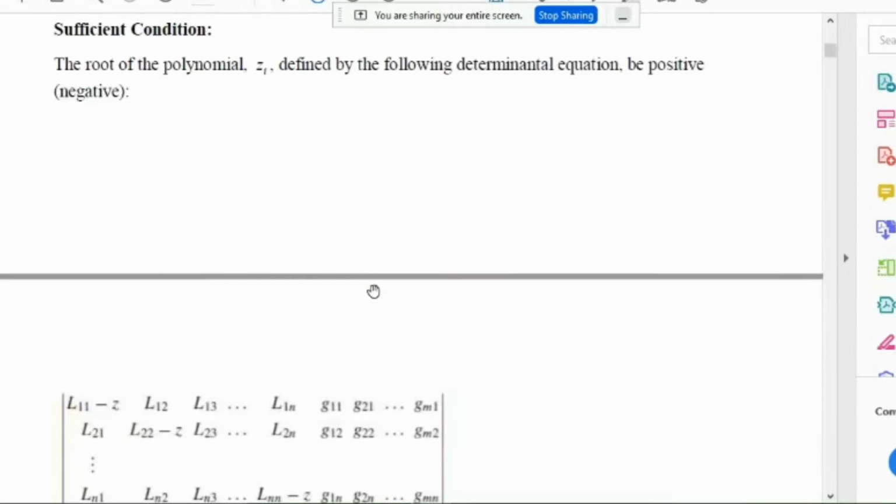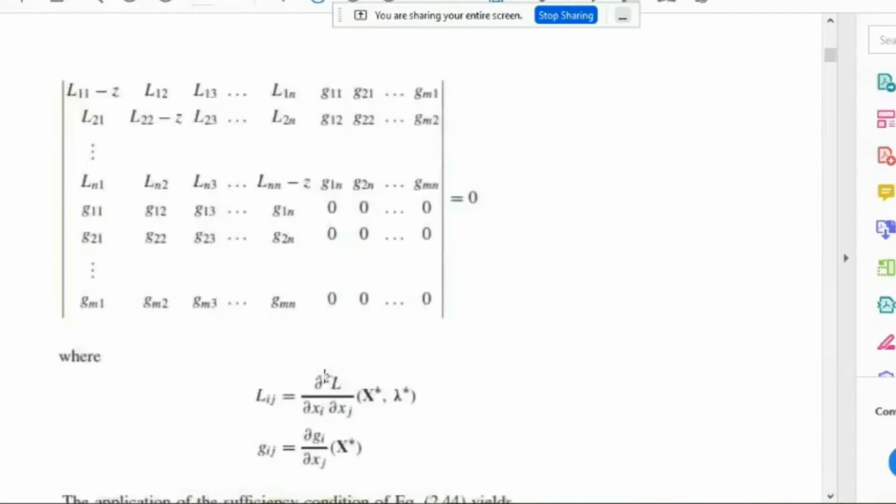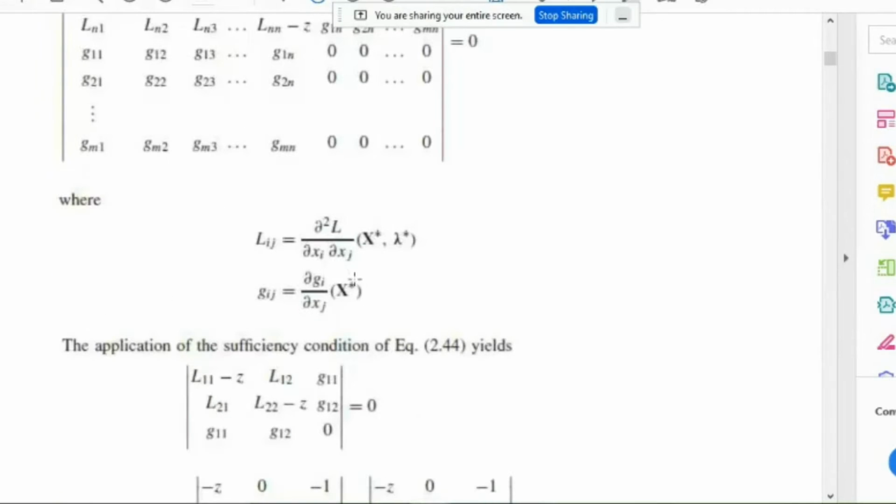So from this determinantal equation, the root of the polynomial can be determined, and based on whether it is positive or negative, we can decide the nature of the solution, whether it is a relative minimum or relative maximum. This is the general determinantal equation for n variables and m constraints.